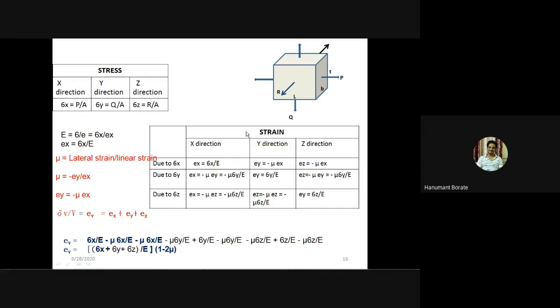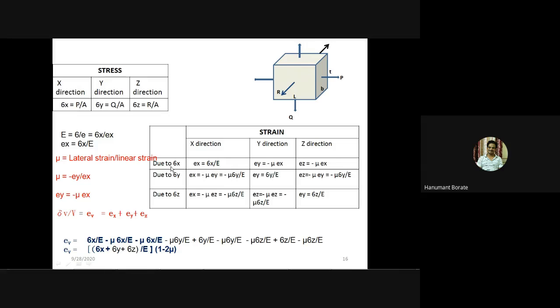Now strain is important. Again, we need to consider strain in all directions: strain in the X direction, strain in the Y direction, strain in the Z direction. Strain means nothing but deformation.